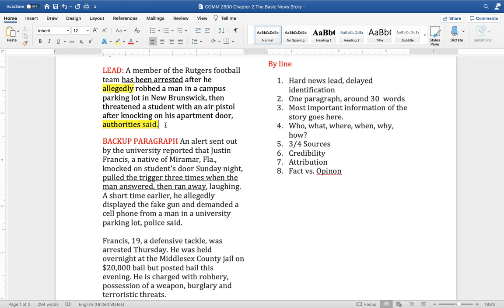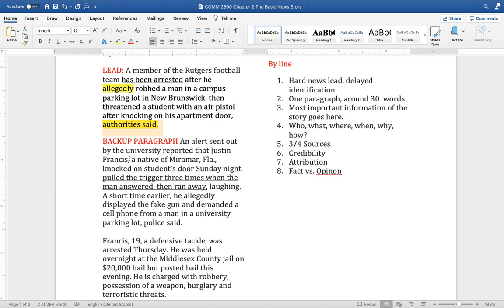You have to tell your readers where you got that information because it's not a fact, right? And in this case they've used authority said. So in a hard news story, when you're writing about conflict, when you're accusing someone of a crime or anything else, you have to include your attribution in the lead, right?